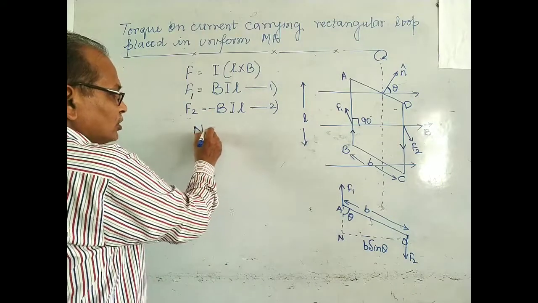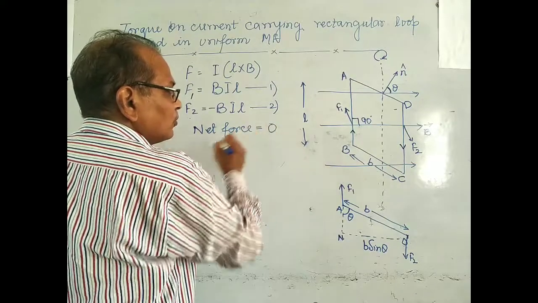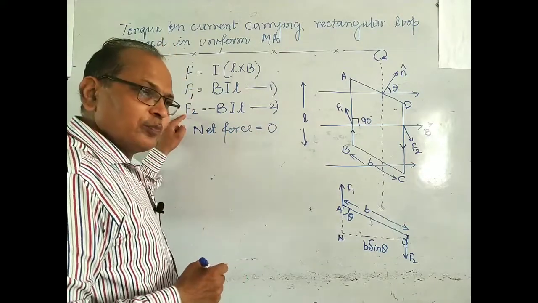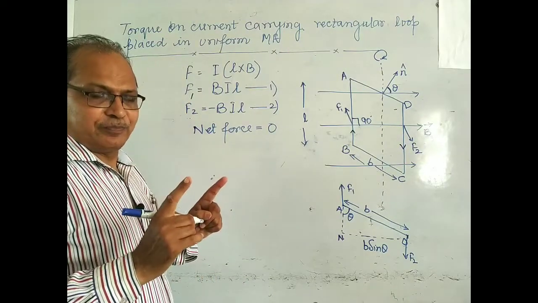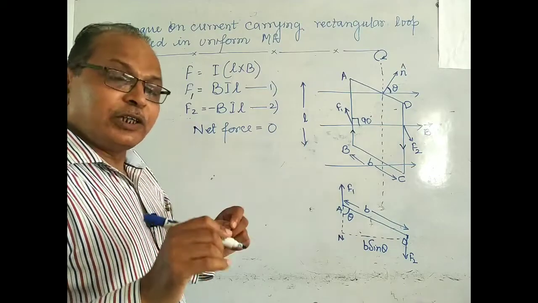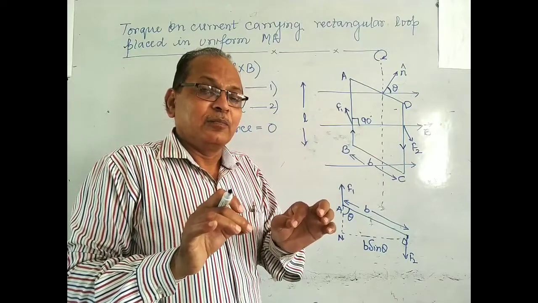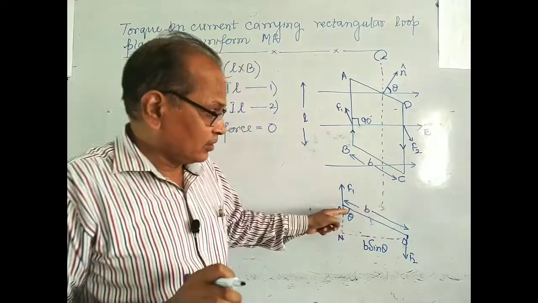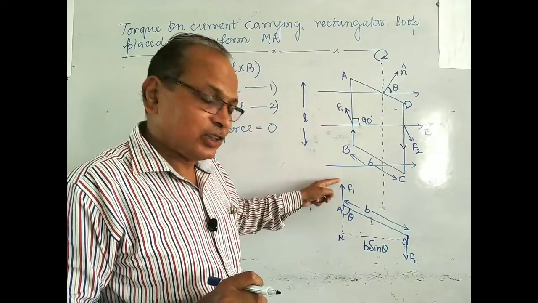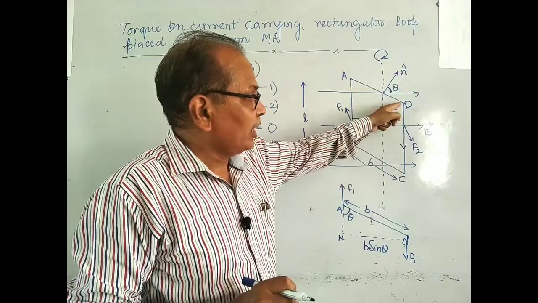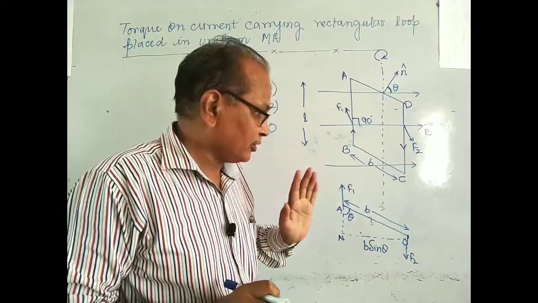Therefore, net force will be 0. F1 and F2 are equal in magnitude but opposite in direction, and the point where they act is not common. Like this, at point A, F1 is acting in this direction, at point D, F2 is acting in the downward direction, because current is flowing in opposite direction.